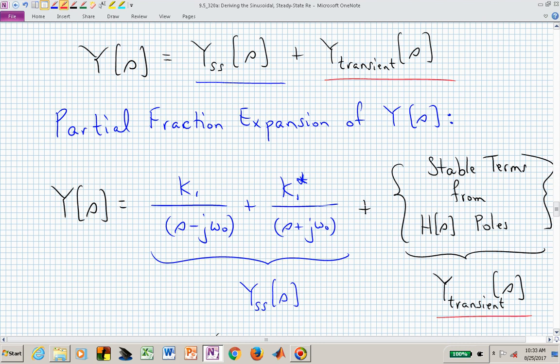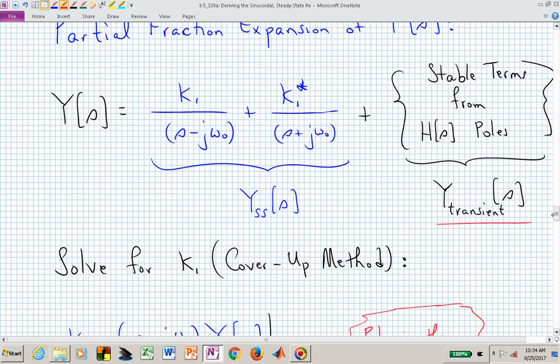And in particular, we want to find an expression for k sub 1 in terms of the different variables or parameters associated with our system, H of s, and the excitation, which is at a frequency of omega naught. So let's now dive into that.